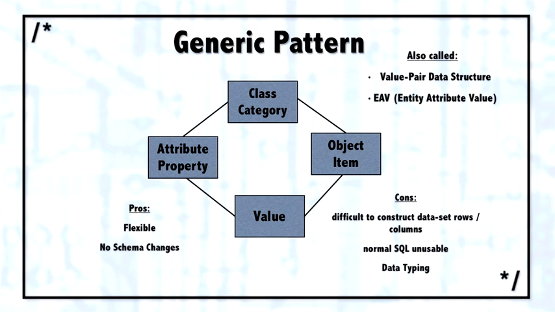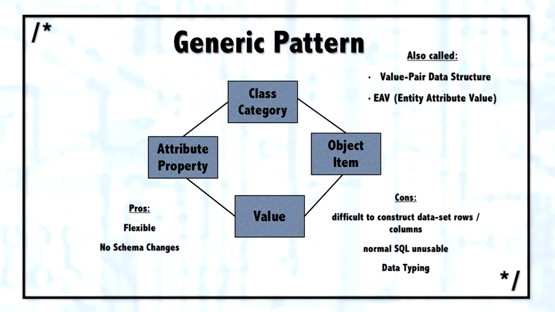There's also a data typing problem because the value table then has to store everything in a single data column, usually an nvarchar data type, so it can store almost anything you want to put into it. As a workaround for that data typing problem, sometimes people will build the generic pattern with a separate value table for each different data type. And although that does give you some data typing, it makes it even that much more difficult to extract out data. So while the generic pattern can seem appealing and can seem very flexible, I don't recommend it.